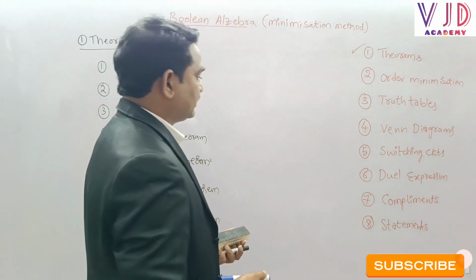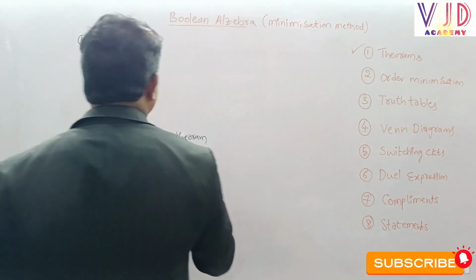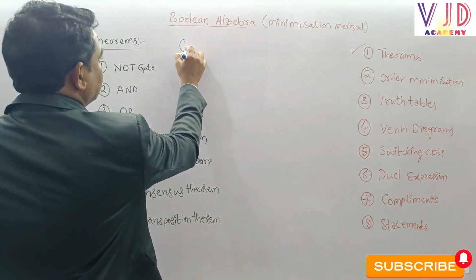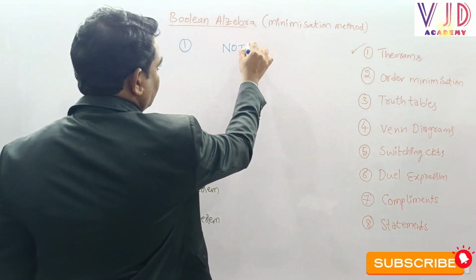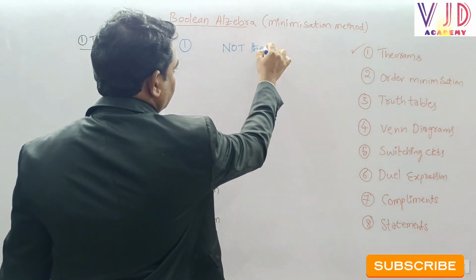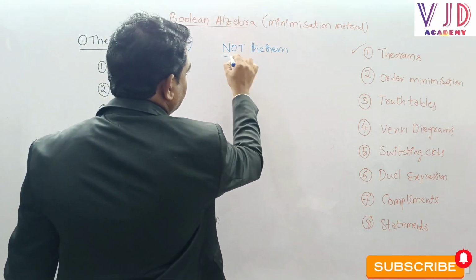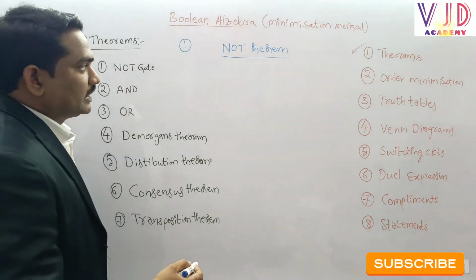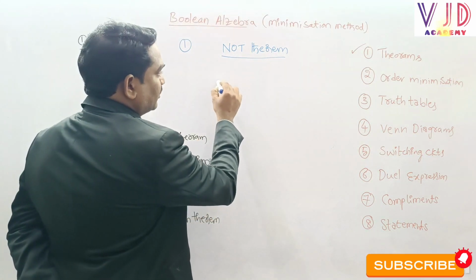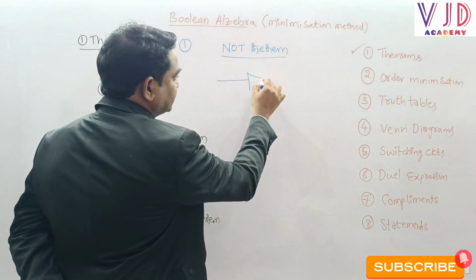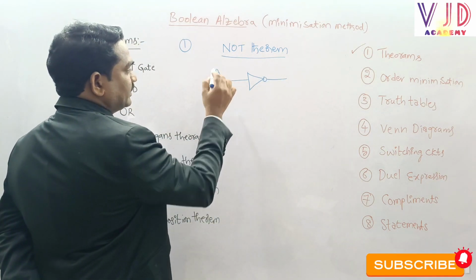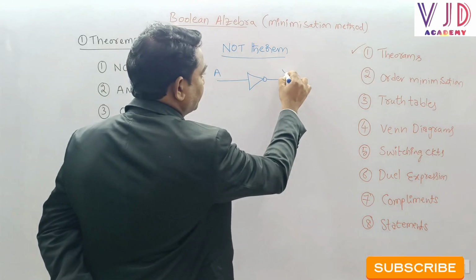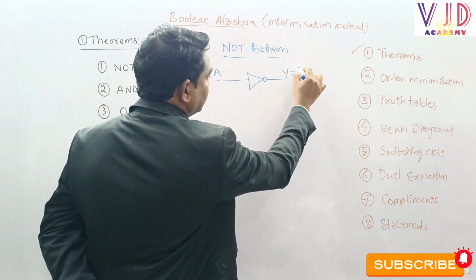Let me take the first theorem, the NOT theorem. We know the logic circuit of the NOT gate is this. Here, this is the NOT gate. When we apply input A, it will produce output Y equal to A bar.